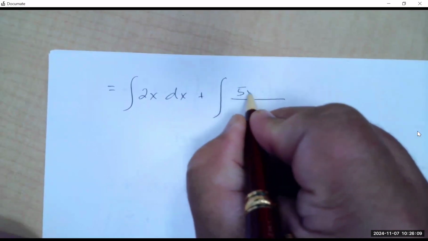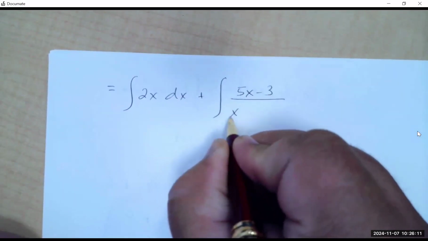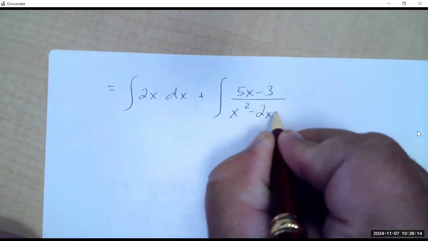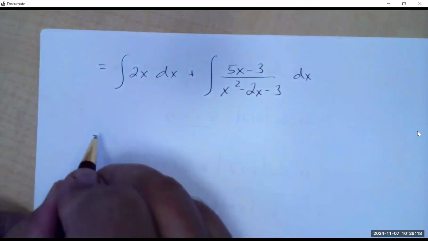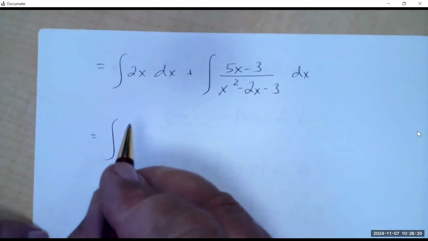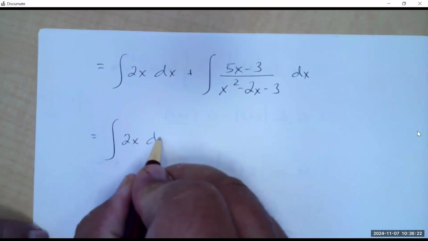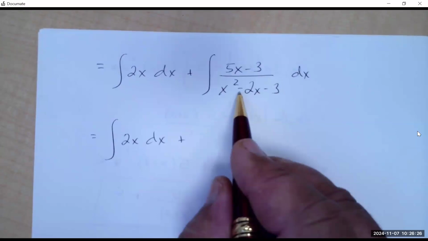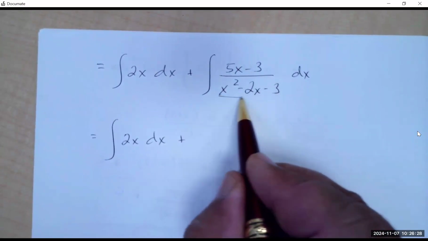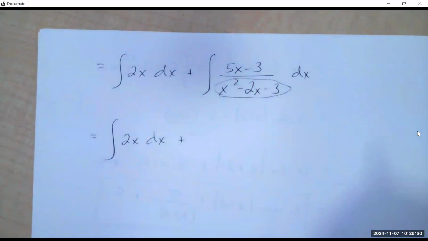Rewrite what I had here. Fine, 2x dx. But the first thing I have to do is factor the denominator.